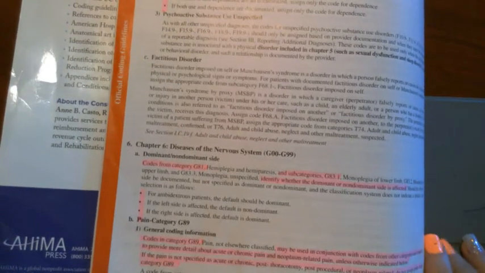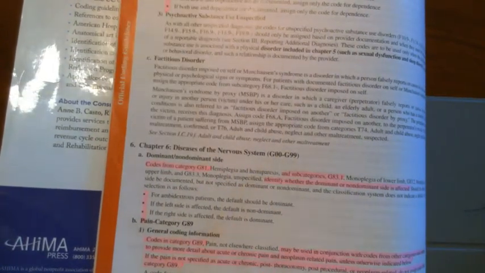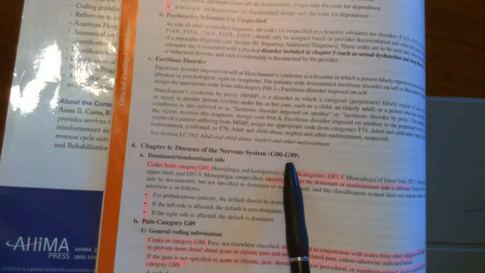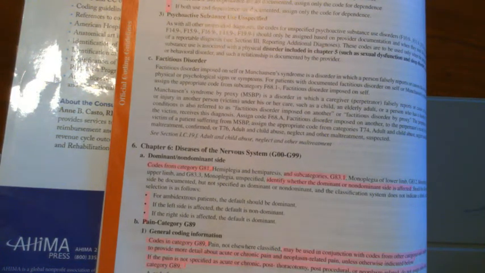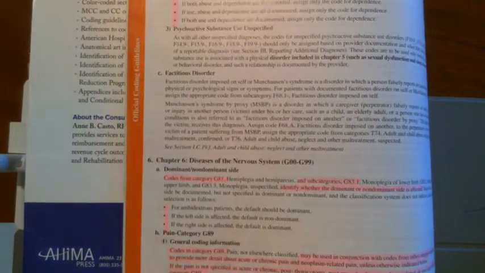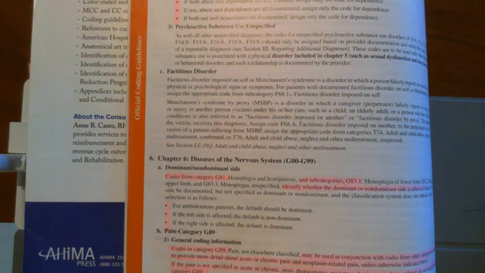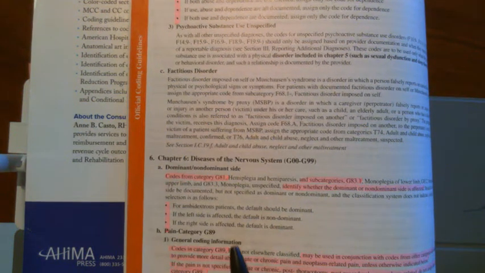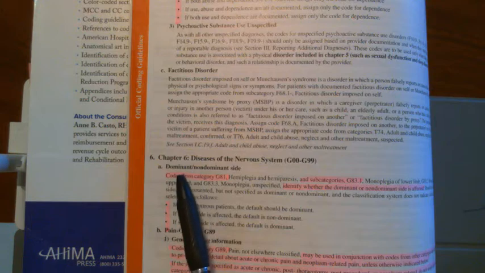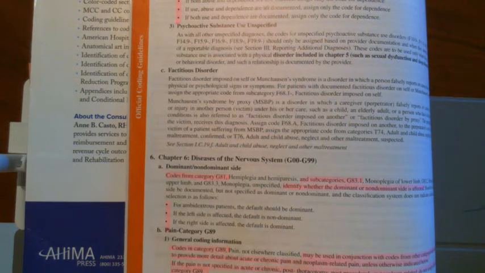Chapter 6, Diseases of the Nervous System, reviews all codes pertaining to the G category, so G00 to G99. Now, the first guideline is very important because it surrounds default codes, and that is regarding dominant versus non-dominant side.